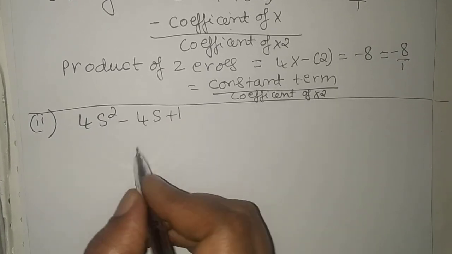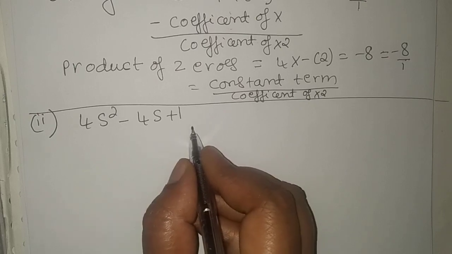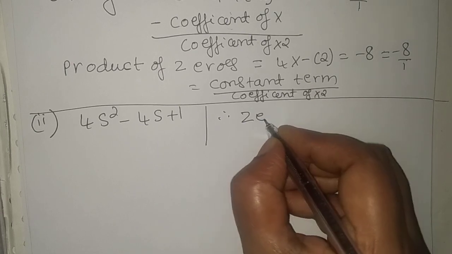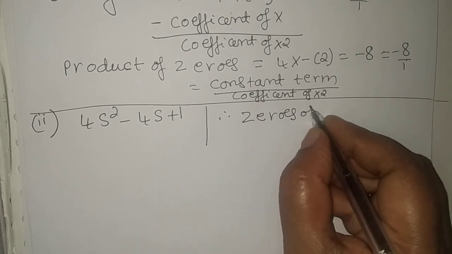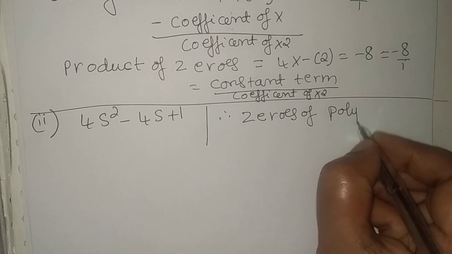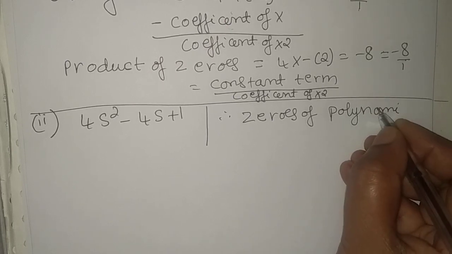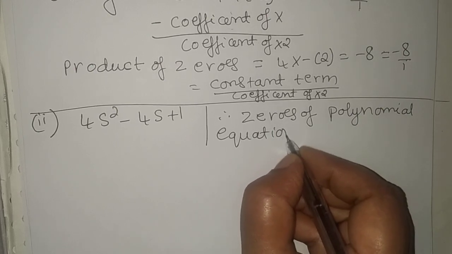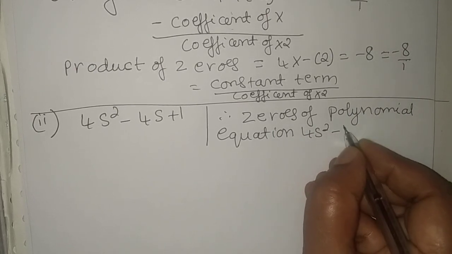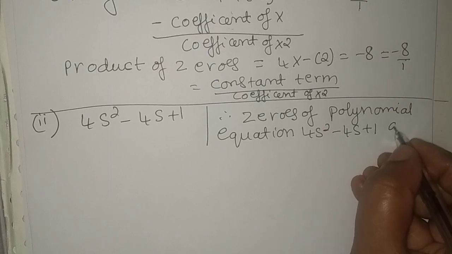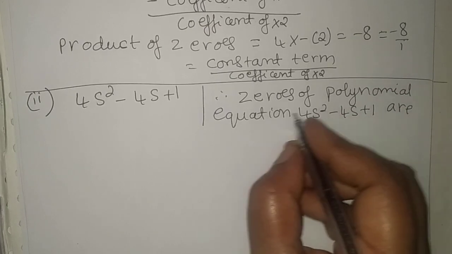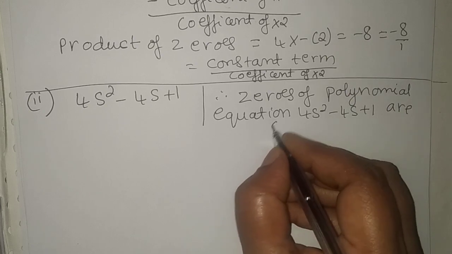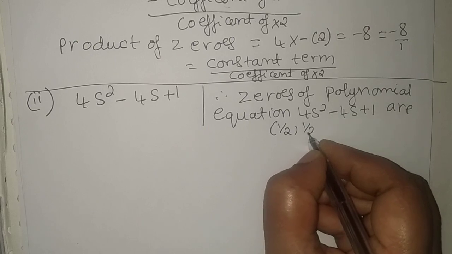Now we move on to the second sub-problem. Here, the zeros that we got, first solving the equation, then the zeros of the polynomial equation 4s square minus 4s plus 1, we got as 1 by 2 and 1 by 2.